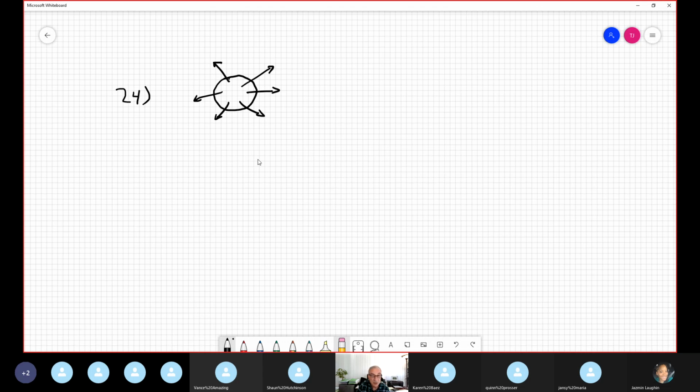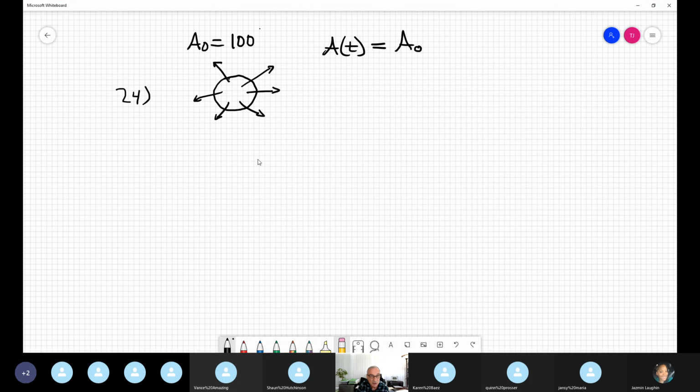Entonces, the amount of substance, what's the idea? The amount of substance at any time is equal to A null, which is the amount of substance at the beginning. So at the beginning we have, I don't know, 100%.